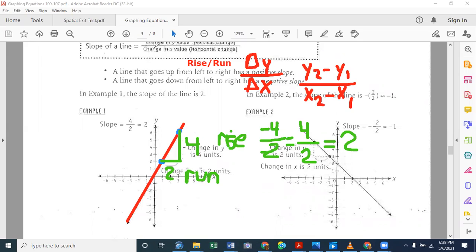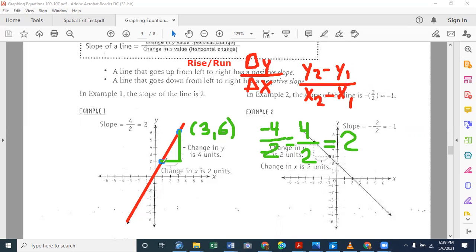So now let's take a look at what those coordinates were that we just used. And let's see what we're doing. So let's erase the rise over run. Let's try the other formula. We know that the slope is 2. What is this blue point here? Well, that is point 3, 6.